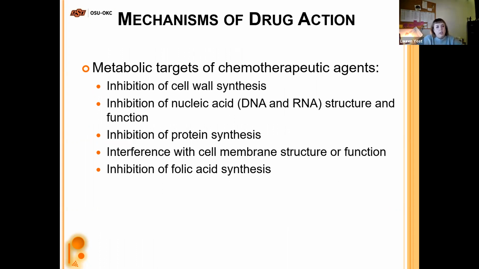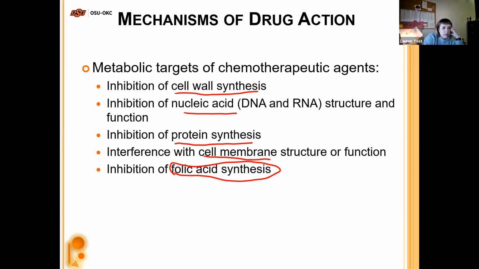So metabolic targets of chemotherapeutic agents include the cell wall synthesis, inhibiting nucleic acid synthesis, the protein synthesis itself, yeah. And then we have folic acid. So this is a new one that we didn't have on the other one, right? And then interference with the cell membrane.